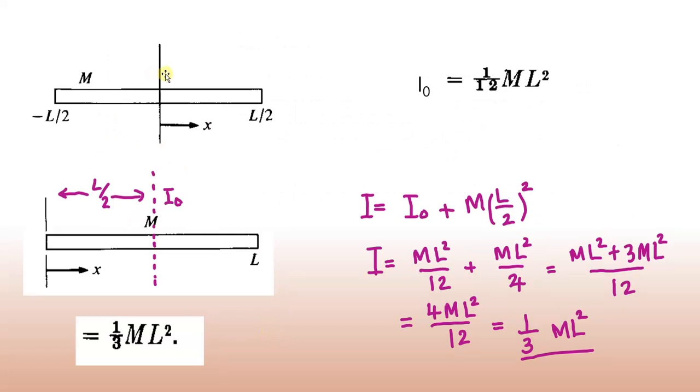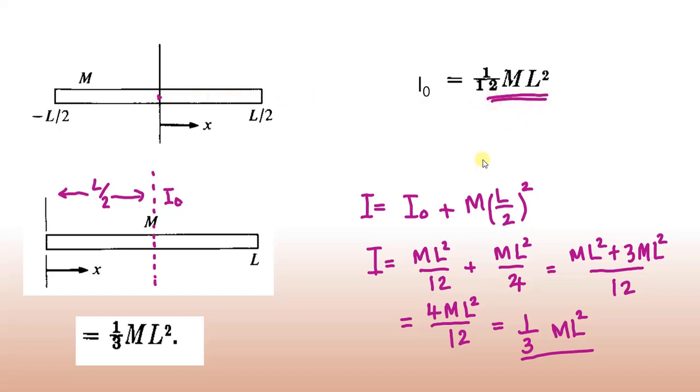Now, in the previous video, we discussed an example: the moment of inertia of a rod about an axis passing through the center and perpendicular to the length. This axis passes through the center of mass, and we got the moment of inertia as ml squared by 12.